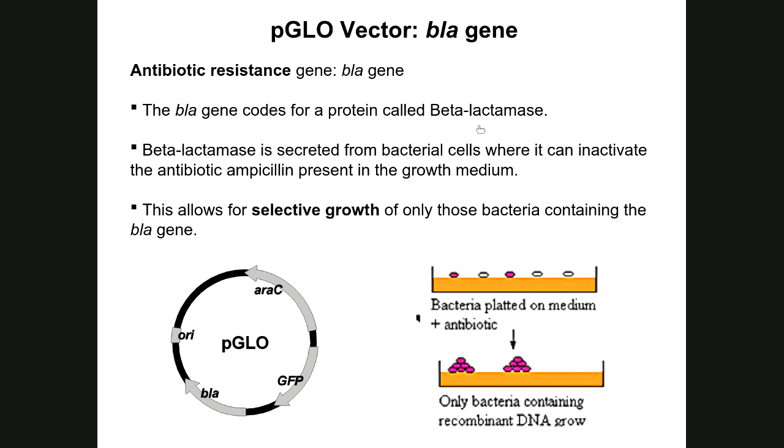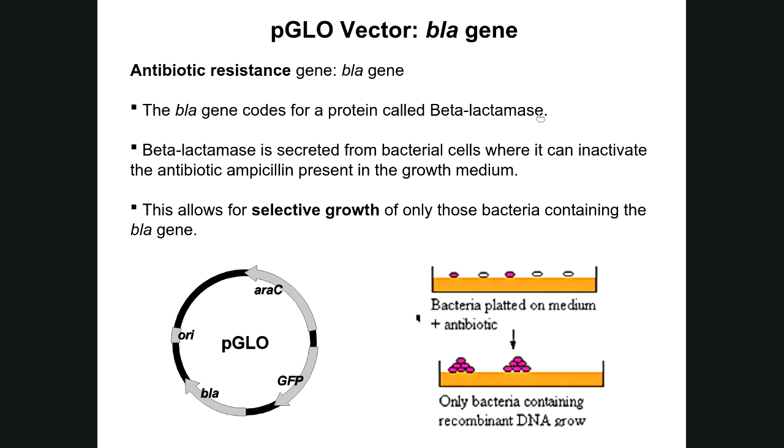So remember, any gene that is carried in this vector, if the gene is working, if it is not only changing the genotype but the phenotype of the transformed bacterial cell, then that means the gene is undergoing gene expression, transcription, translation, resulting in the production of a protein enzyme called beta-lactamase.